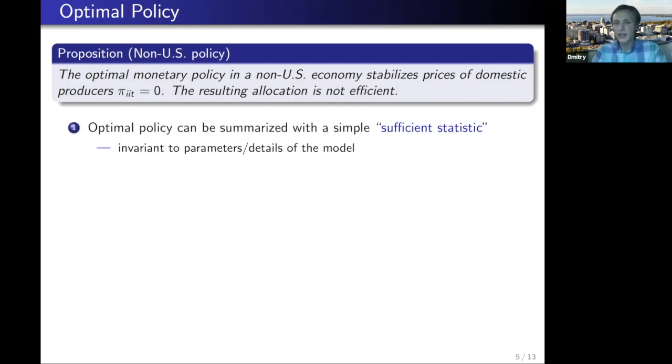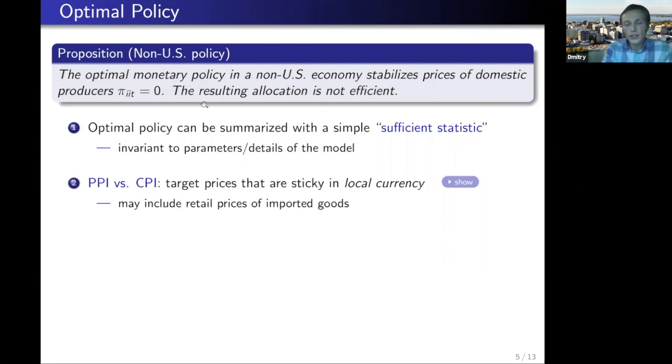Despite the complexity of the model, despite this potentially very complicated structure of asset markets, different sources of nominal rigidities, and multiple parameters, it turns out that all these details and values of the parameters are completely irrelevant as long as we formulate the optimal policy in terms of the optimal target. There is one simple and potentially observable sufficient statistic for the policy.